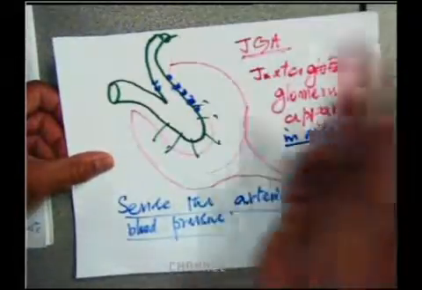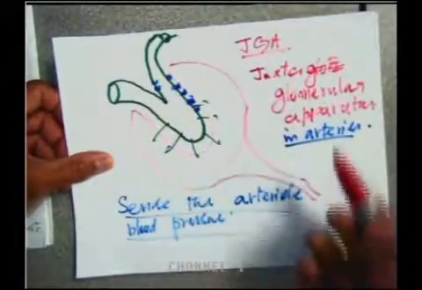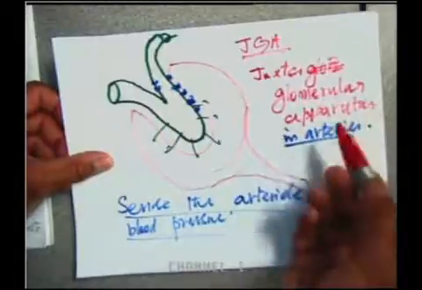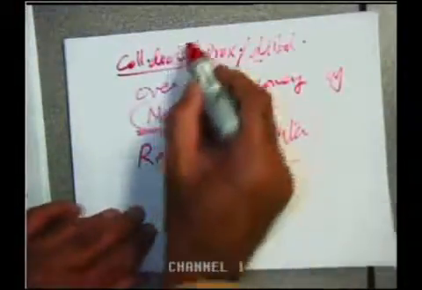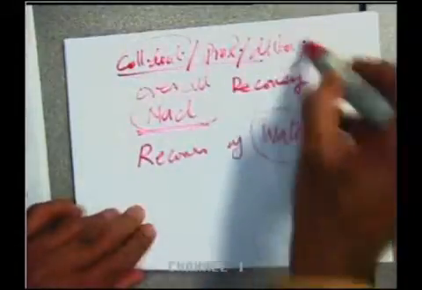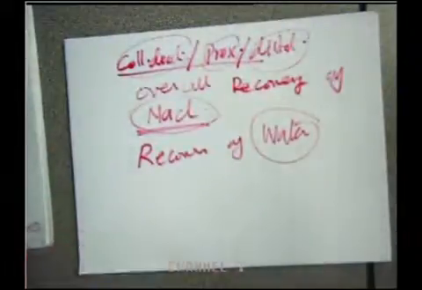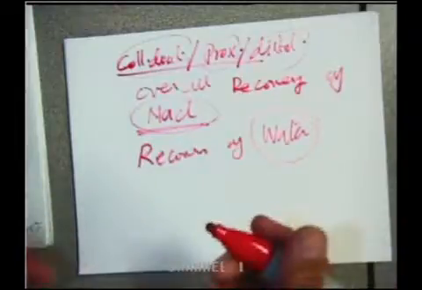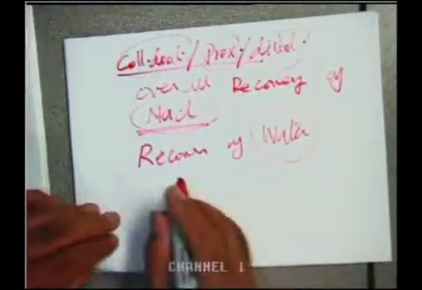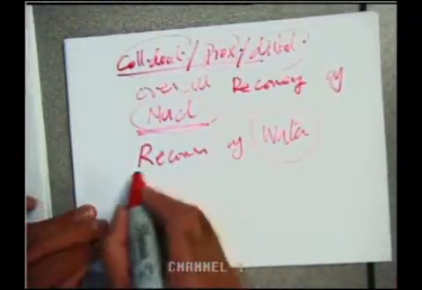But at the same time, a certain amount of this water should be eliminated, and we also have to replenish or recover this water. That is taking place in the collecting duct, proximal tubules and distal tubule. So we are preserving our sodium from the filtrate as well as recovering water from the filtrate, and thereby we are maintaining our blood volume as well as the blood pressure.